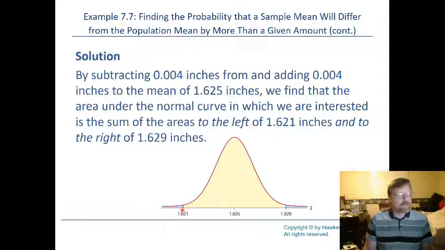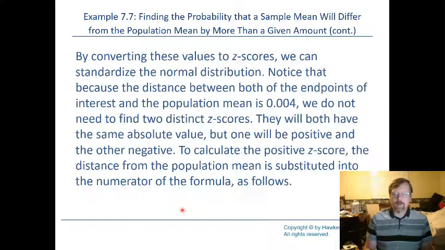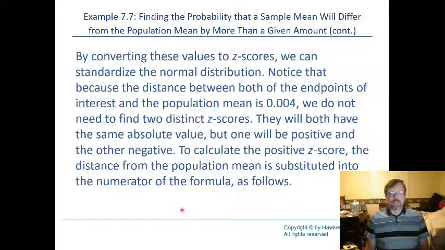All right, so again, we are going to start with converting these to z-scores. And again, because this is symmetric, I only need to convert one side, and it's going to be plus or minus that z-score on either side.